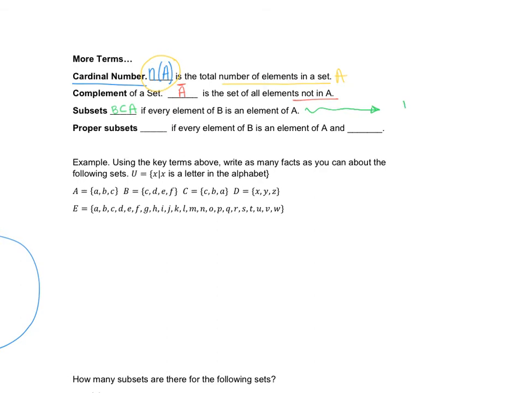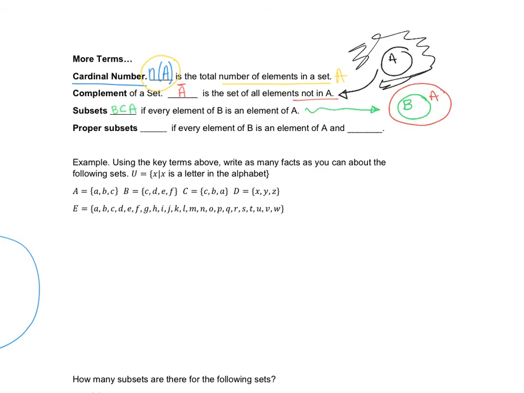So if B is a subset of A, it means that B, the set of all this stuff, would sit inside of set A. Going back to the previous example with the complement, if you want to see a picture, the complement of A would be everything outside of here as long as it's not in A.